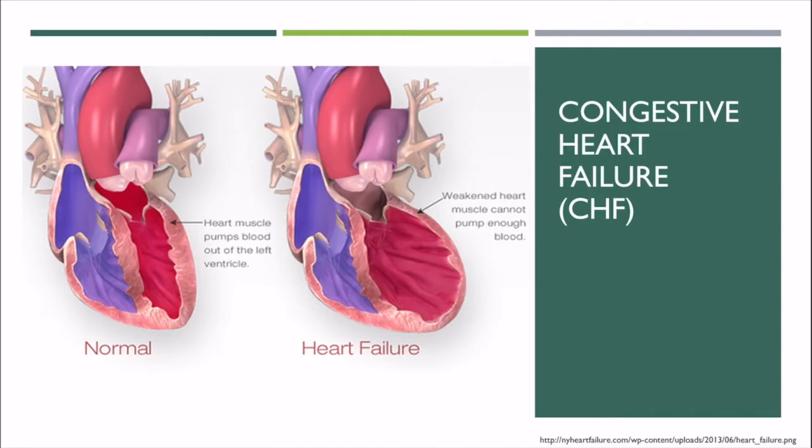When someone has congestive heart failure, they have reduced cardiac output. All types of heart failure is reduced cardiac output. Cardiac output is how much blood is being pumped out of the heart per minute, right? So we're in liters per minute. And when you have heart failure, you will have a reduced cardiac output.